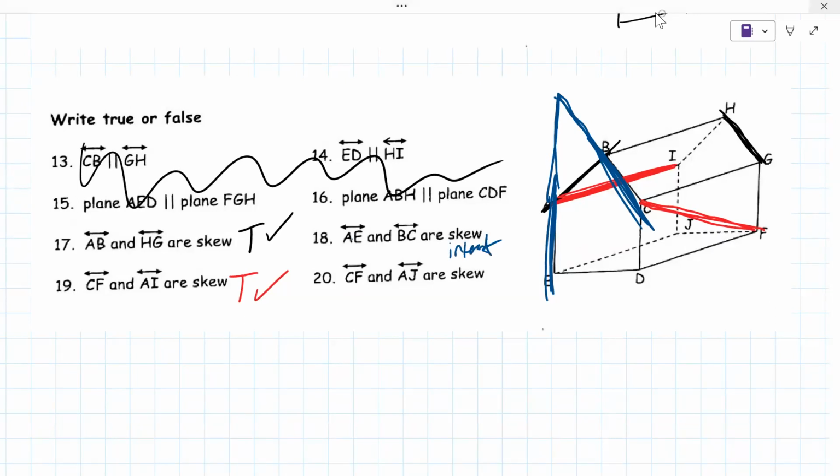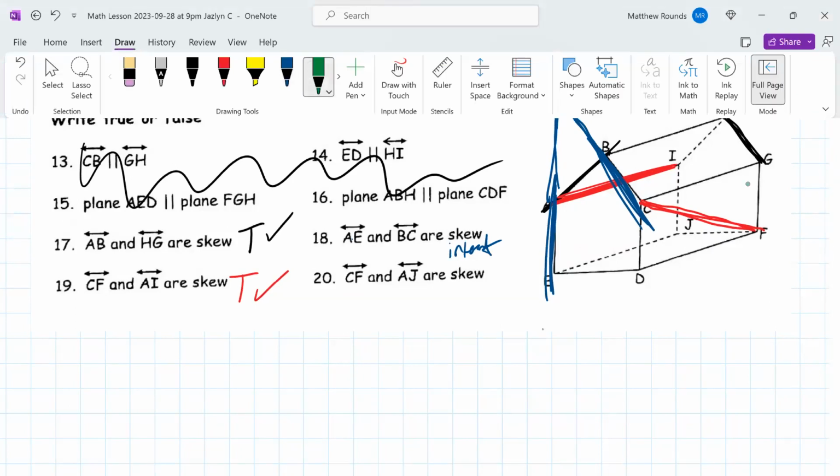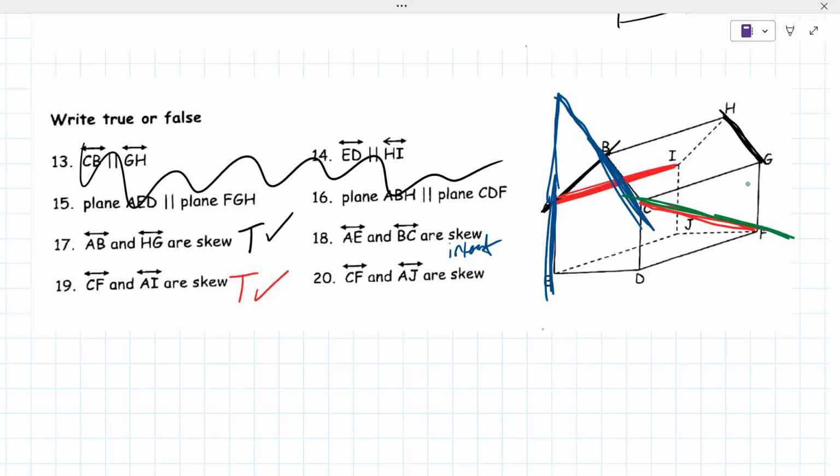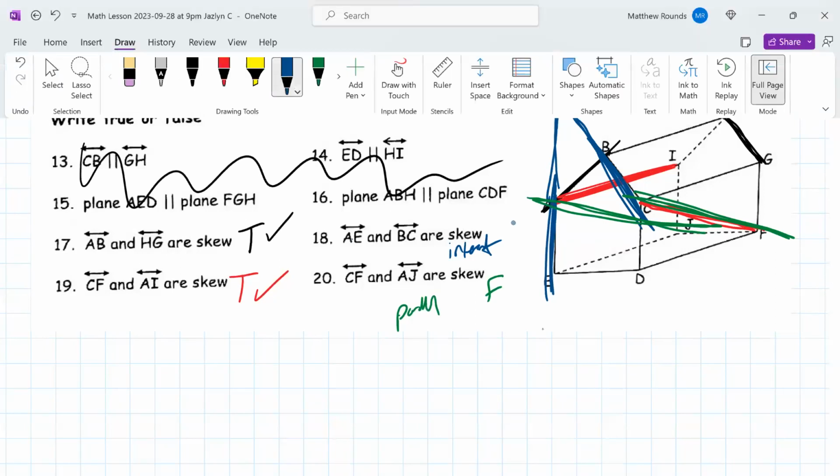Next, CF, we just had that one, and AJ. Those are both the diagonals. Those are parallel. Good. All right, good job on that.